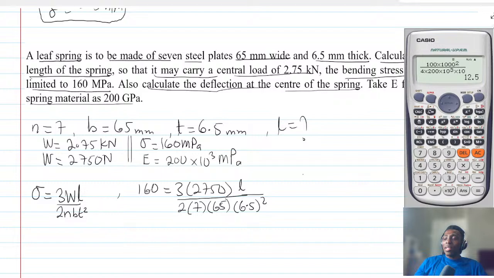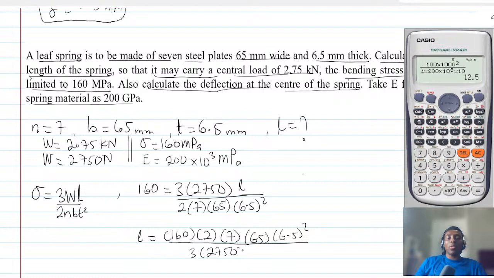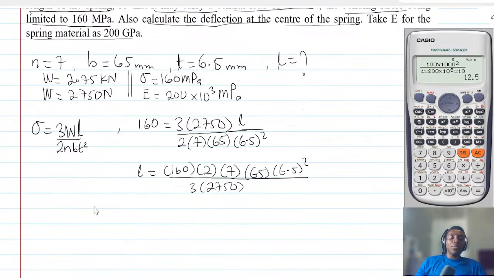So if you solve for the length, L will become 160 times 2 times 7 times 65 times 6.5 squared, all divided by 3 times 2750. And basically, this will give you the span.